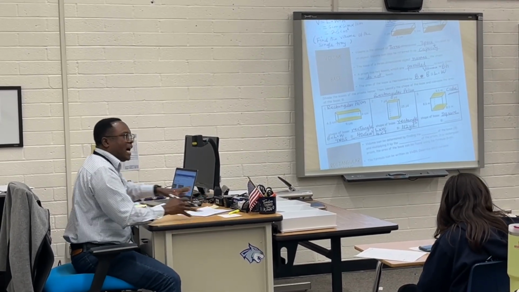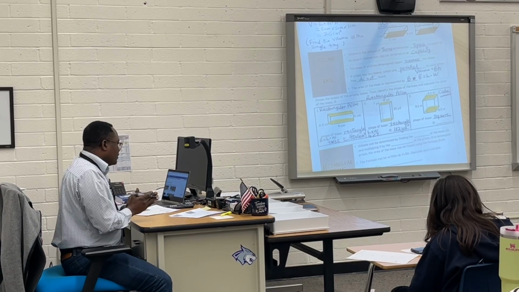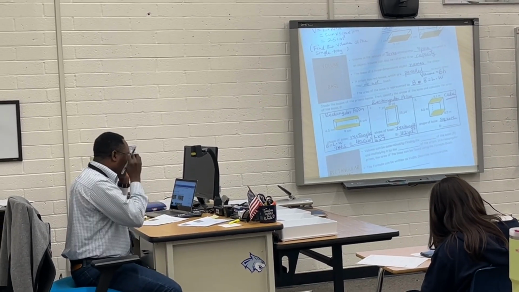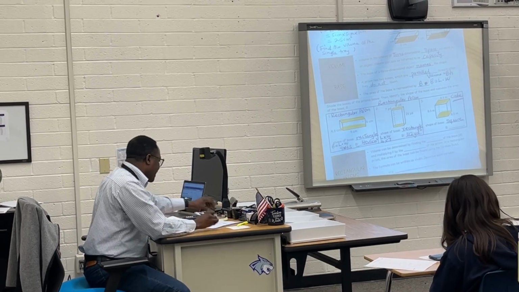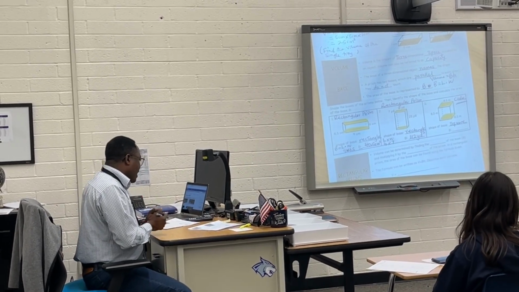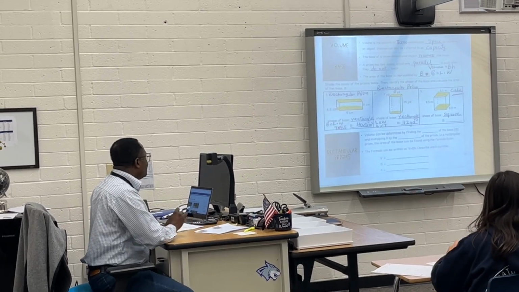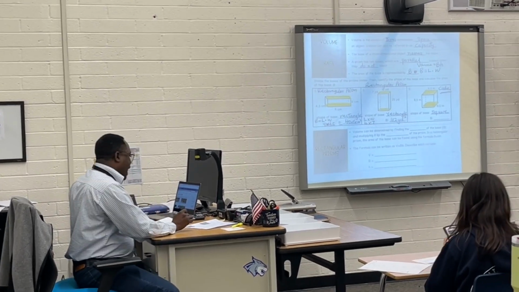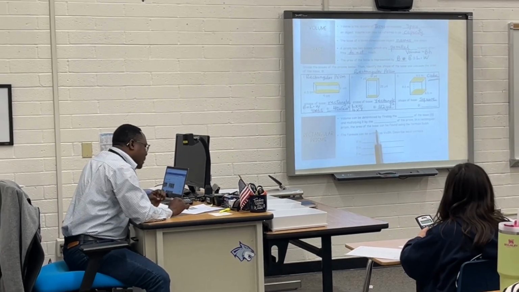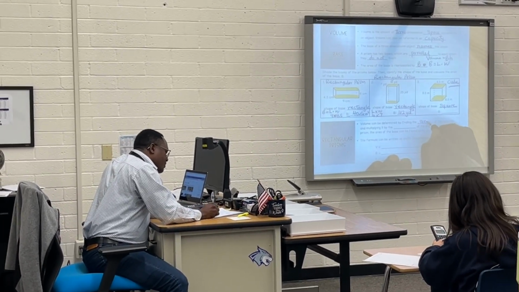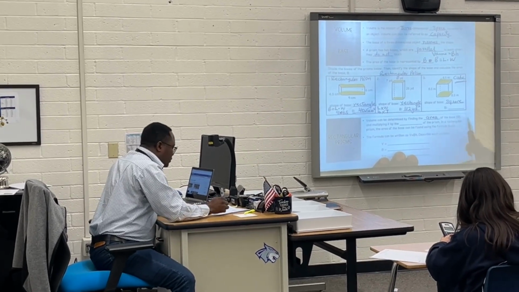Any question about how to name the prism? Okay, then let's go to the volume. We are saying volume can be determined by finding the area of the base, which we have learned.